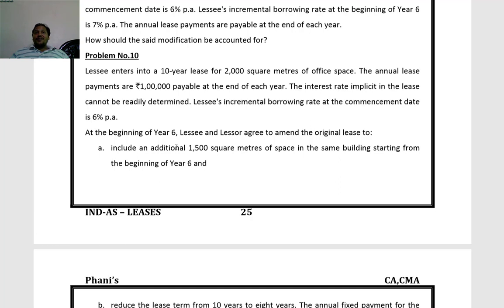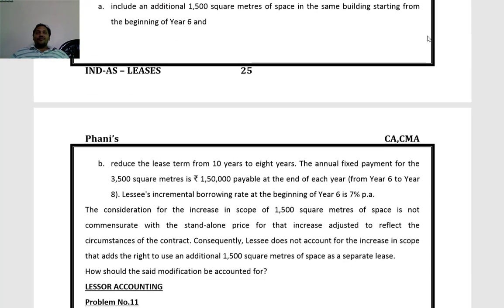At the beginning of year 6, lessee and lessor agree to amend the original lease to include an additional 1500 square meters of space in the same building, starting from the beginning of year 6. So they are going to include 1500 square meters of additional space, and reduce the lease term from 10 years to 8 years.